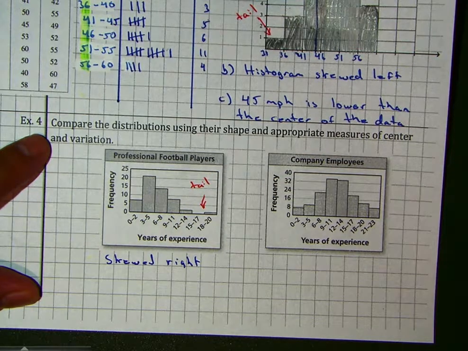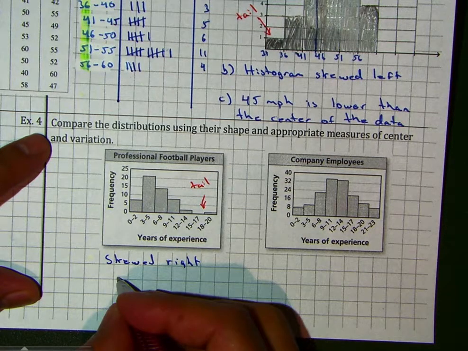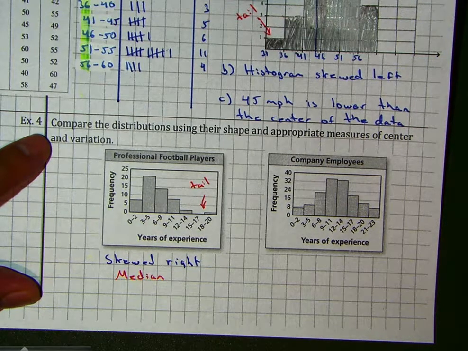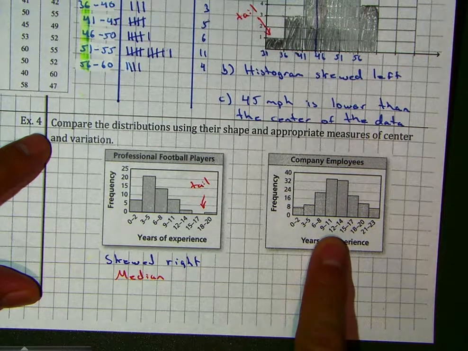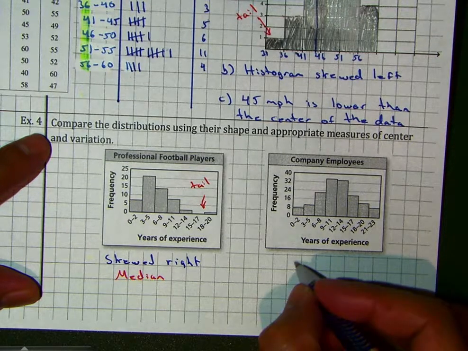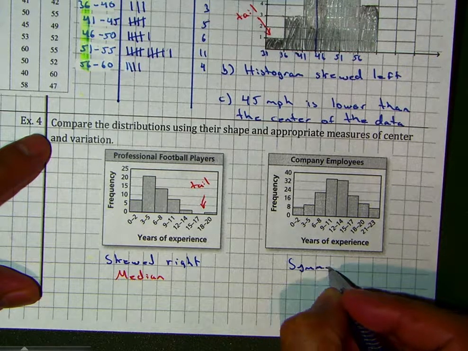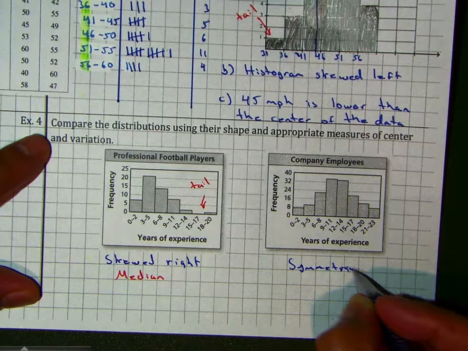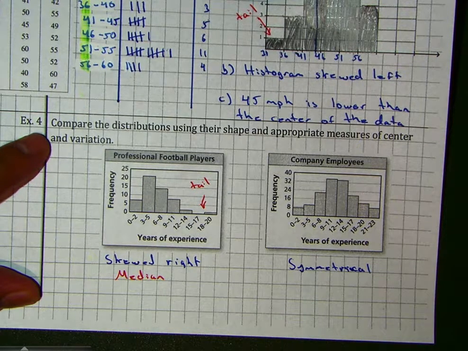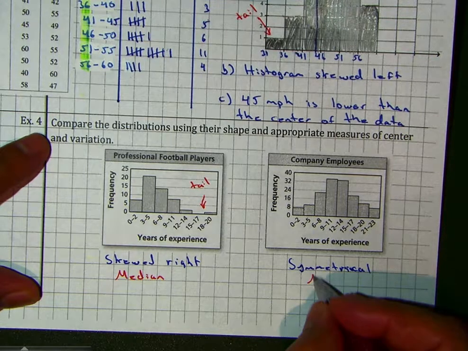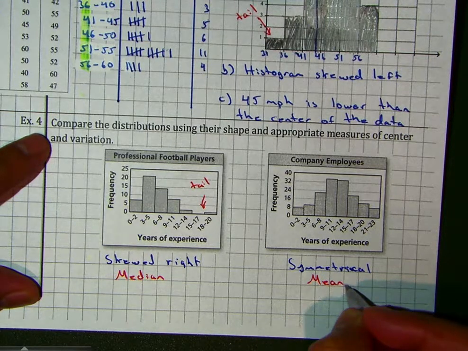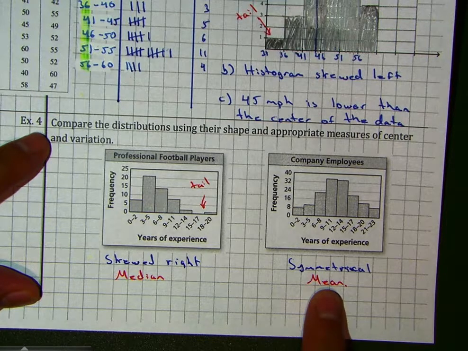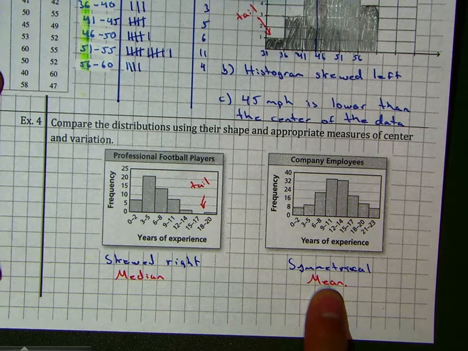So therefore, the median will be more representative of the data. This is symmetrical. So therefore, the mean is going to represent the data, or the mean will be a better representation for the data.